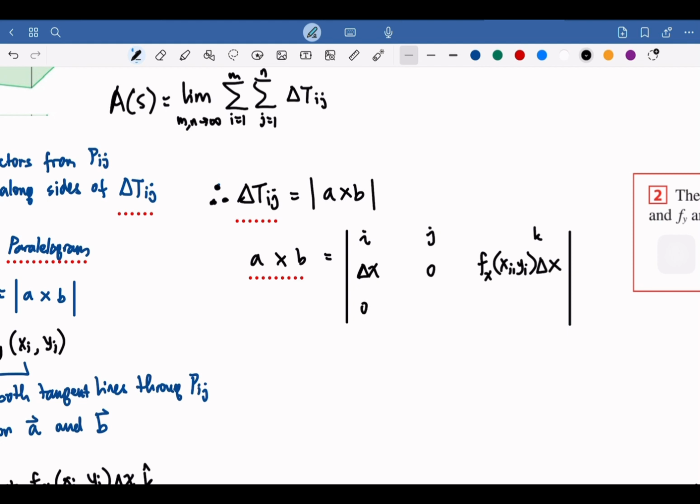This will be 0 for the b, and this will be partial y, and then delta y.